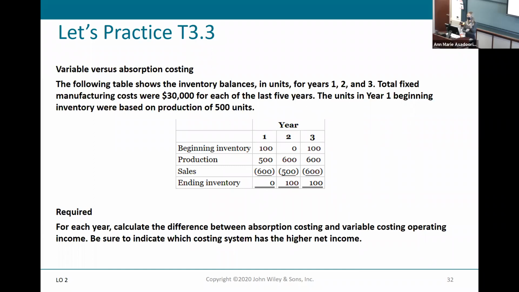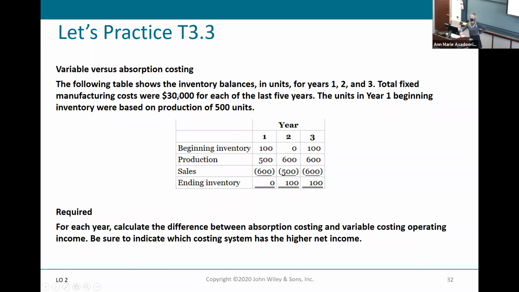Why are they telling you that? Why are they telling you fixed factory overhead is $30,000? They're specifically talking about your beginning inventory here. They're telling you the beginning inventory in year 1 is where you made 500 units. The reason why they're telling you that is they're telling you how much fixed factory overhead is tied to these units.